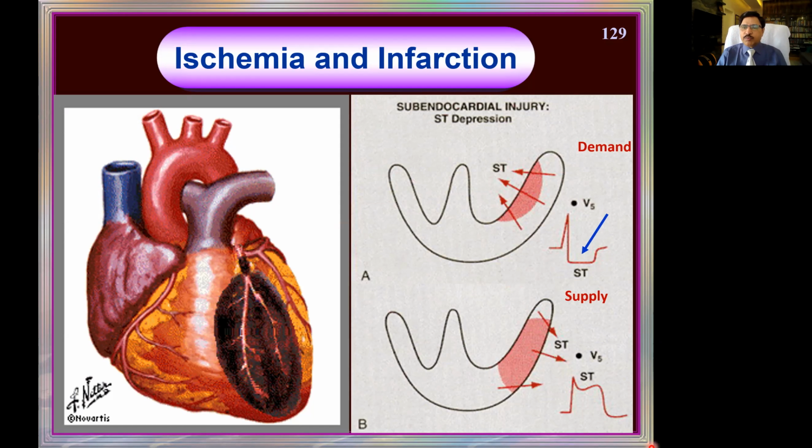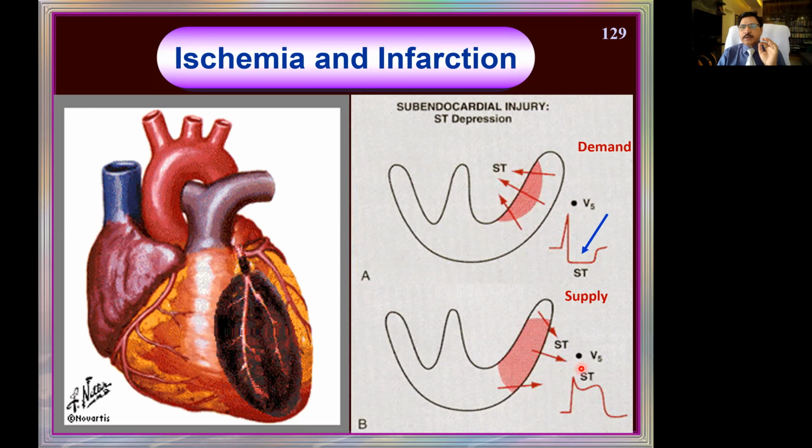And we have now known from studies that degree of ST elevation is one of the important markers of prognosis. 1 millimeter elevation compared to 2 millimeters compared to 10 millimeters, a host of difference is there in the prognosis. Likewise, depression also. They are not only qualitative, they are quantitatively also useful.